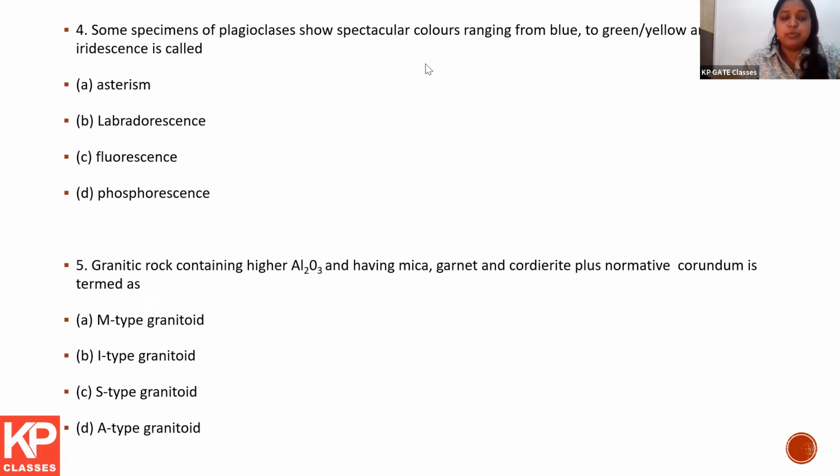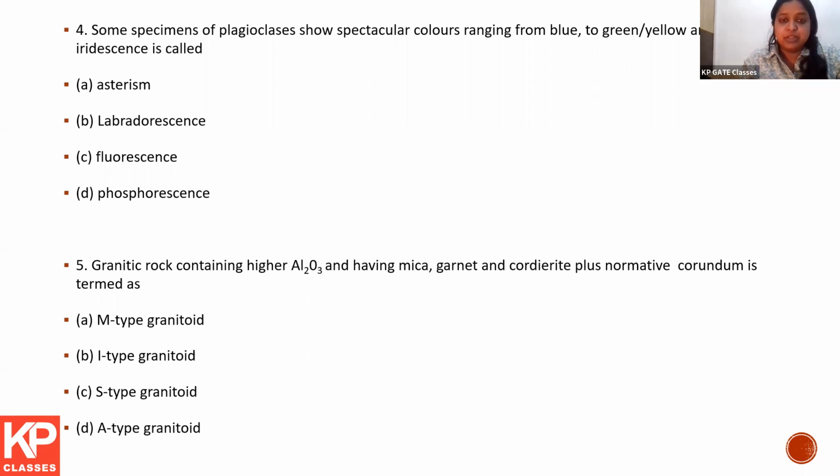Some specimens of plagioclase show spectacular colors ranging from blue, green, yellow, or red. This iridescence is called labradorescence. So labradorescence is the answer.